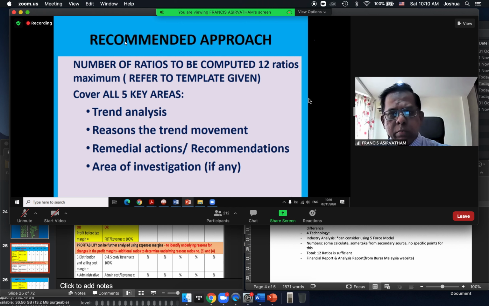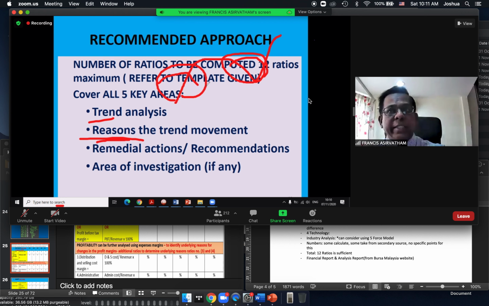Number one, they'll be writing the trend. Trend means it's going up or going down. If it's going down, why? If it's going up, why? You need to write down the reason. You cannot guess the reason. The reasons are highlighted in the MDA report. That is why you need to read the MDA report.